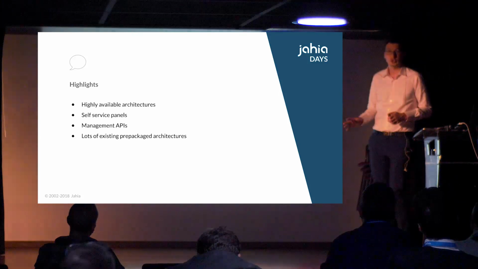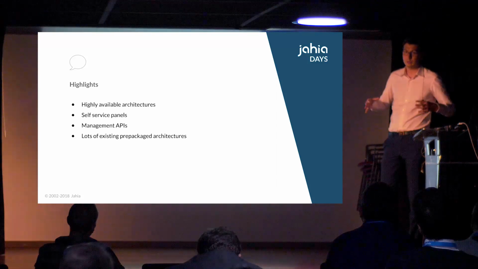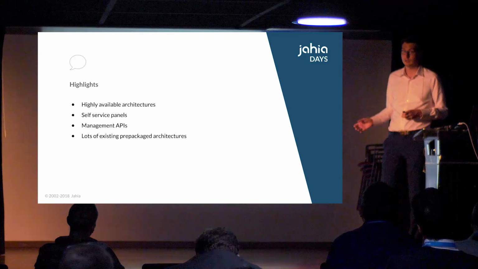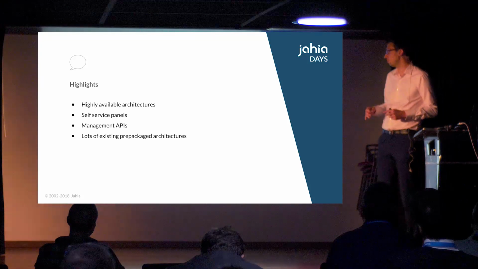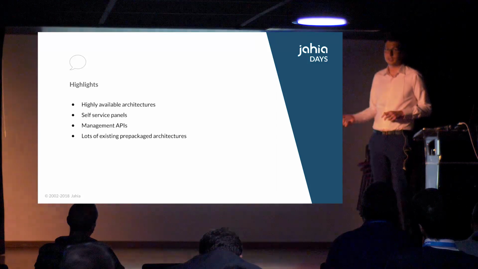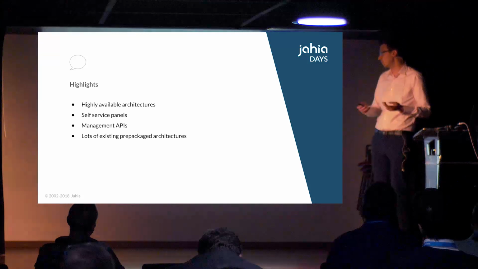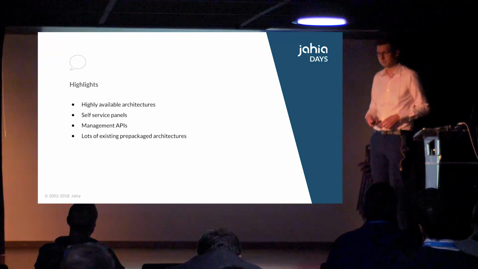It's already prepackaged, so you don't have to package it. Tomcat, WebSphere, all the application servers are also prepackaged, so you can already have beautiful clustered infrastructures without doing anything except for installing Kubernetes or OpenShift on your data center.